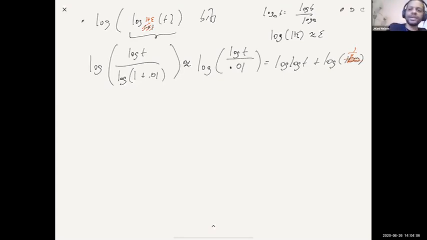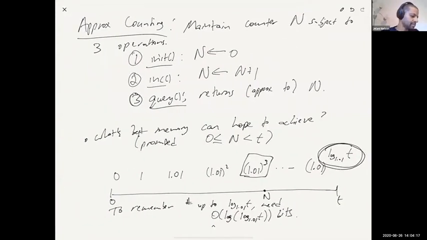And I guess another thing I want to argue too is that I can't really hope to achieve much better than this. And the reason for that is, if I look again at this picture, these powers of 1.01, let's look at this value. Let me use red again. Let's look at this value and then this value, and then just skip to every third one.